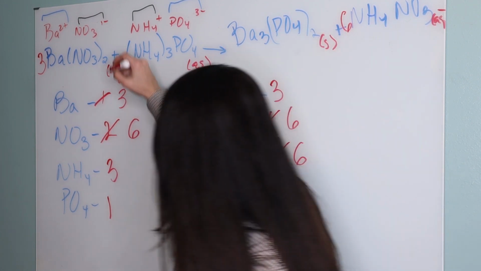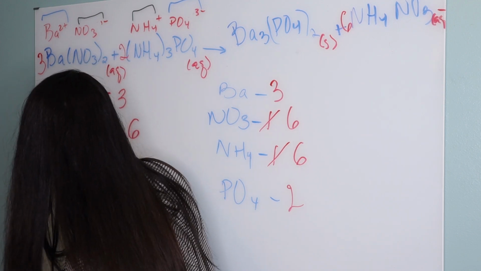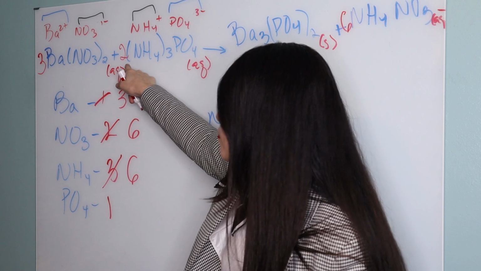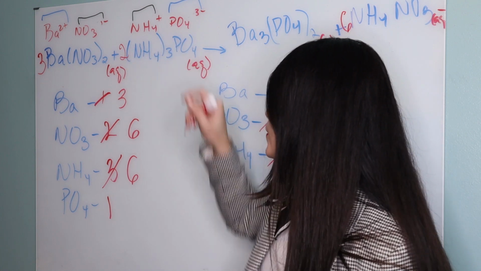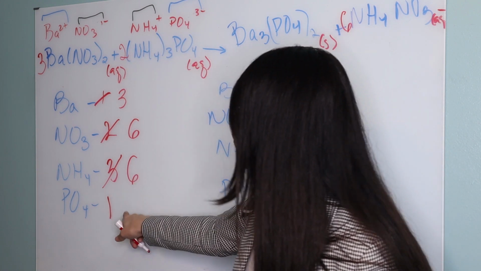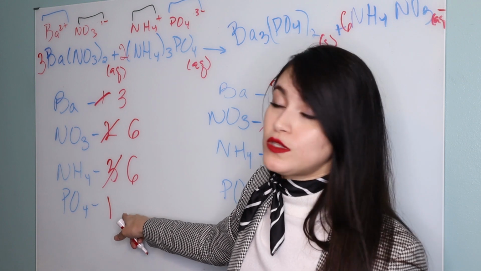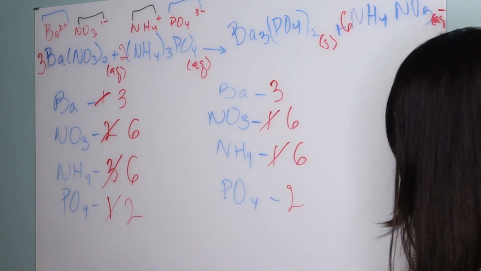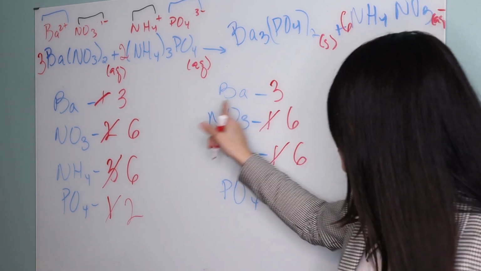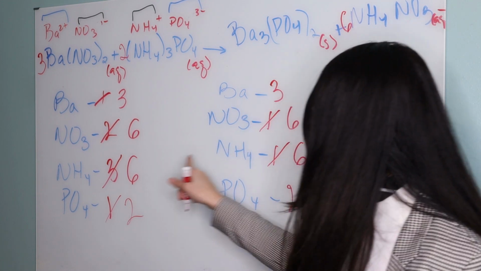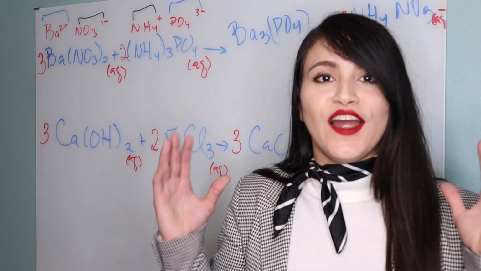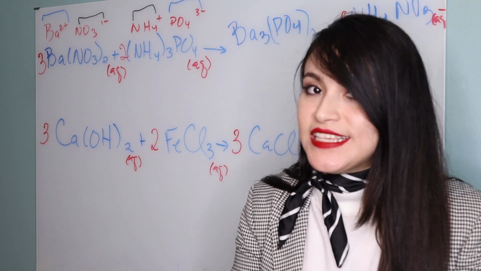So I'm going to go ahead and write 2 over here. This becomes 6. That 2 is also going to impact our phosphate. We had 1 initially, but now we have 2 times 1, which equals 2. And it seems like we're done. We have 3, 3, 6, 6, 6, 6, and 2, and 2. All good?